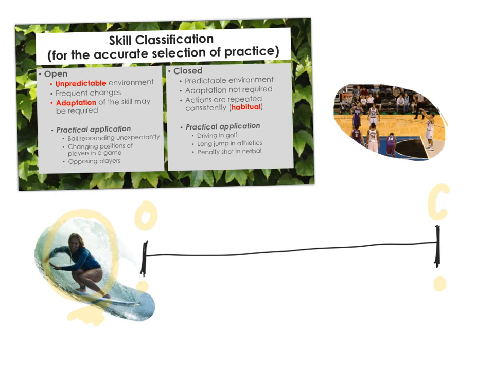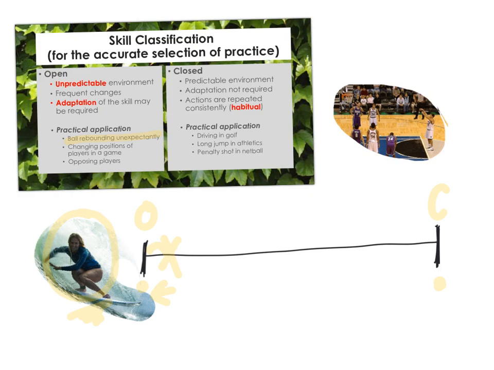However, once she's on the wave, there is some stability and some ability to predict what's going to happen. So you could justify that you would pop it at about here on the continuum. It's certainly more towards the open end than the closed end, but you could justify that it isn't a completely open skill.